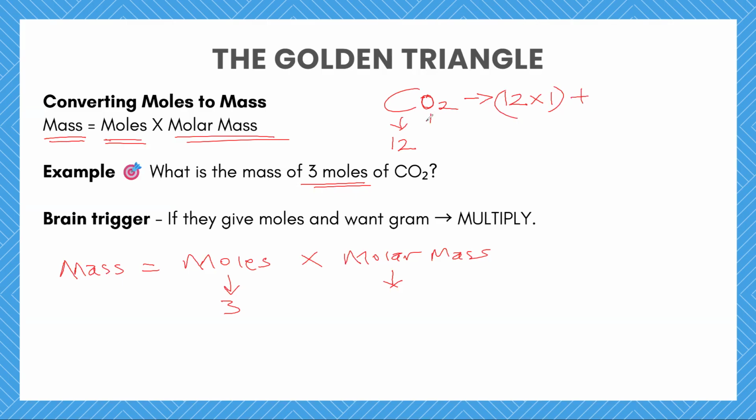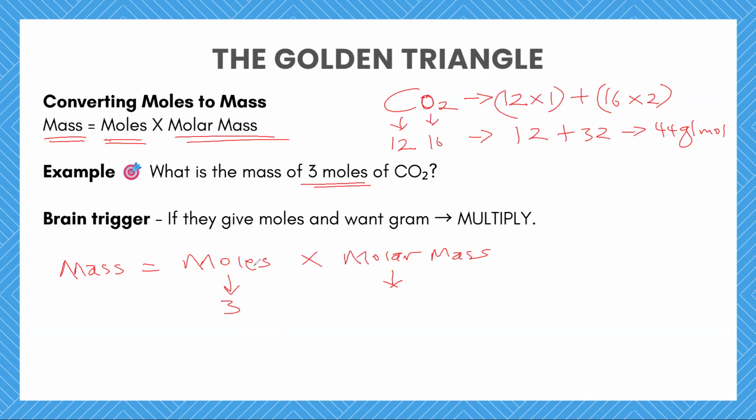Oxygen has the relative atomic mass of 16, and we have two atoms of oxygen, so it becomes 16 times 2. Altogether, we have 12 plus 32. 12 plus 32 gives us 44 grams per mole. This is the molar mass of CO₂.